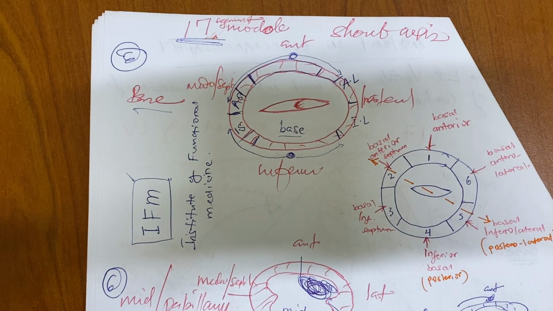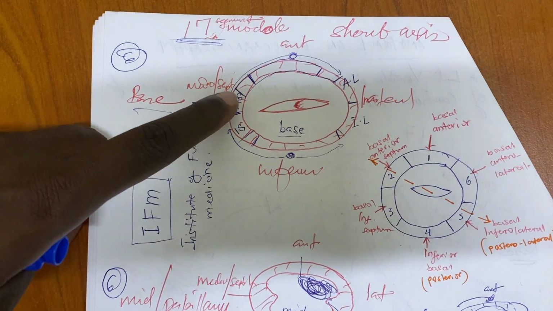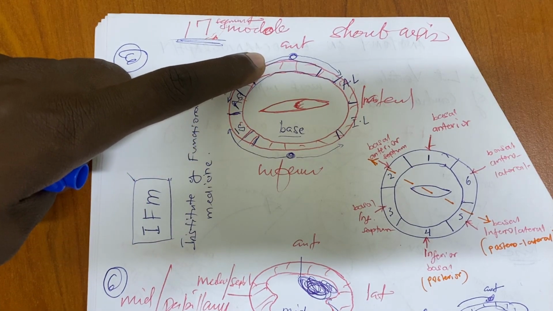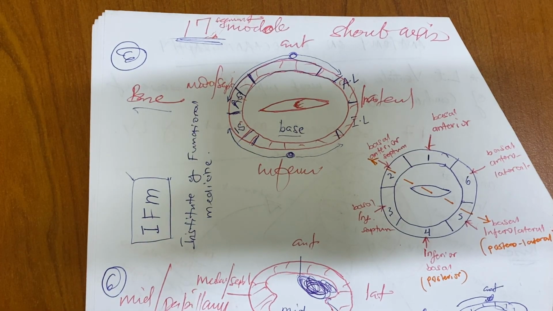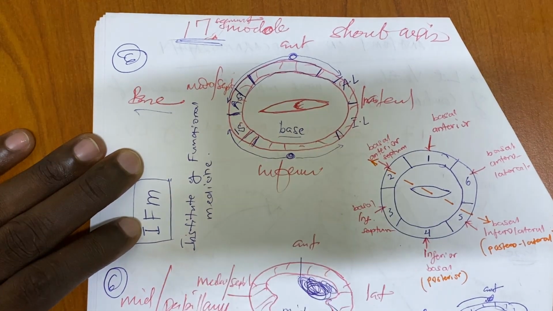For example, the basal part of the anterior wall is not moving. Hypokinetic: the anterior wall is hypokinetic at the base. So we have described the anterior wall, and which part is hypokinetic?